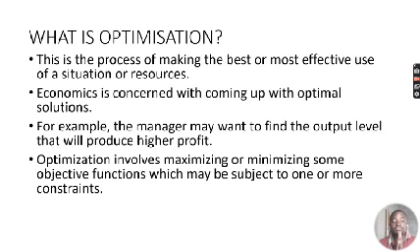Now, we are yet to talk about objective function. But one thing that we should note is that optimization involves maximizing or minimizing some objective functions, and this may be subjected to one or more constraints. Now, constraints are limitations.